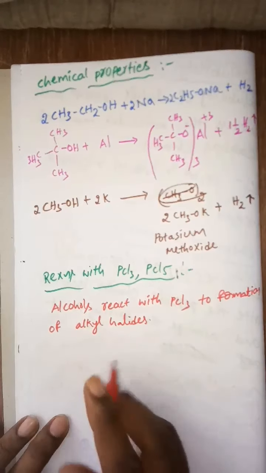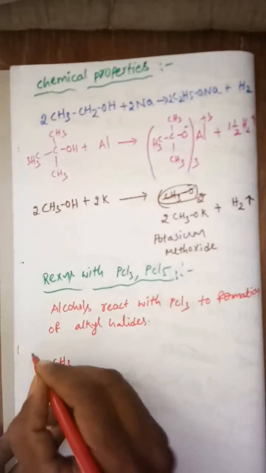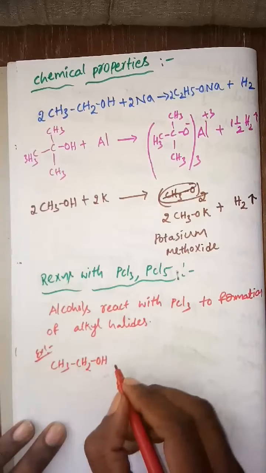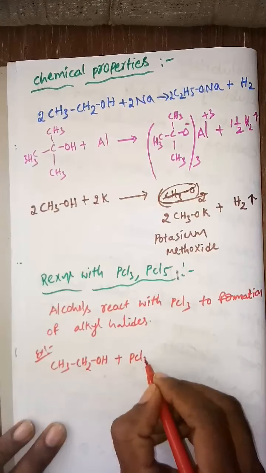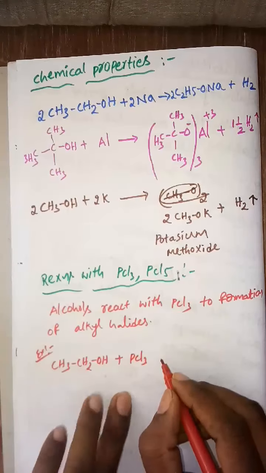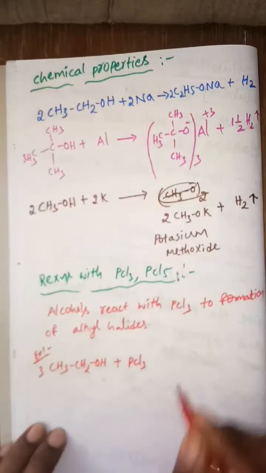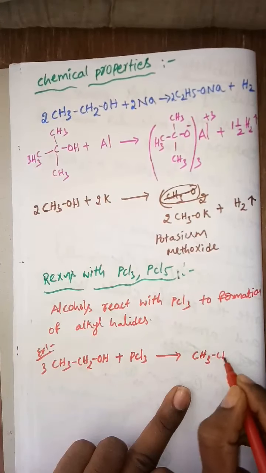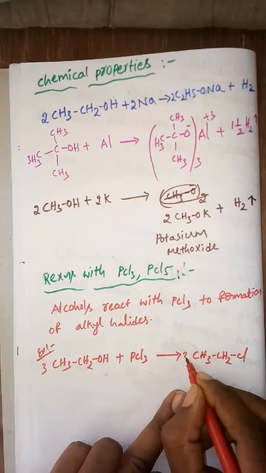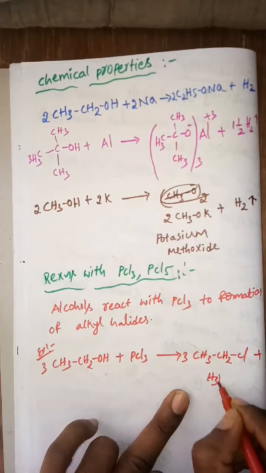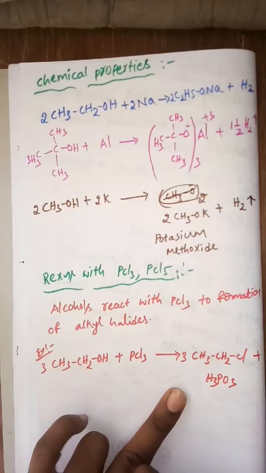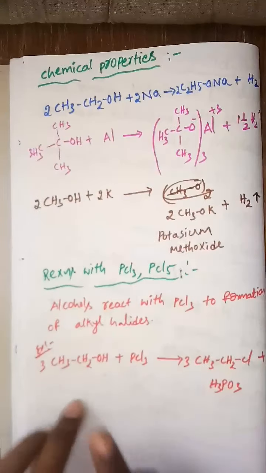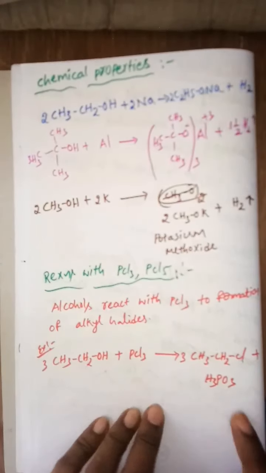I'll take one best example here. CH3CH2OH, ethyl alcohol, reacts with PCl3. 3 moles of this react to form 3 moles of CH3CH2Cl plus H3PO3. The important point, students: which acid forms when alcohols react with PCl3?